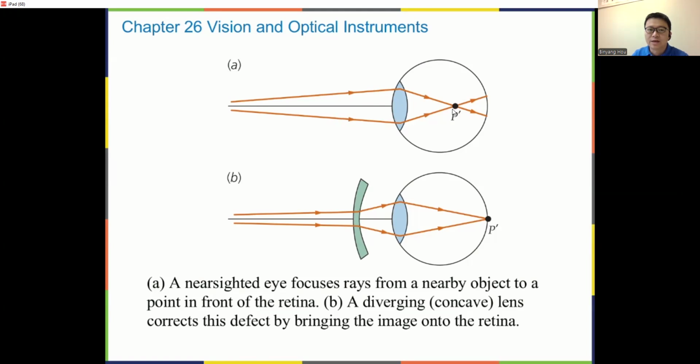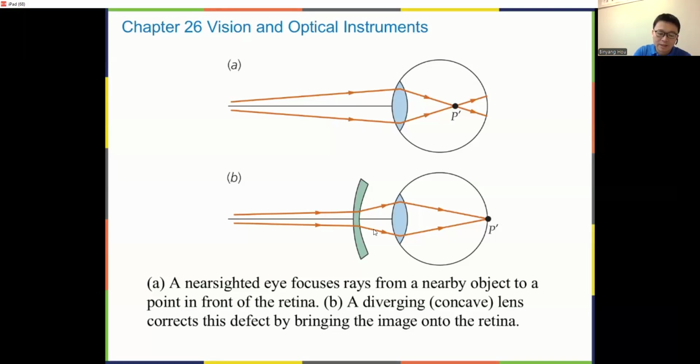If you are nearsighted, then this is what you have: the image is not formed on the retina. To correct that, you need to wear divergent lenses, which diverge those rays, and then the image will be on the retina over there.